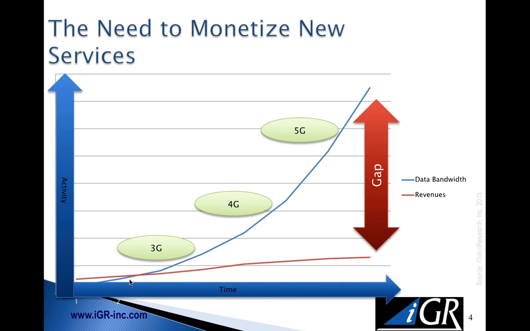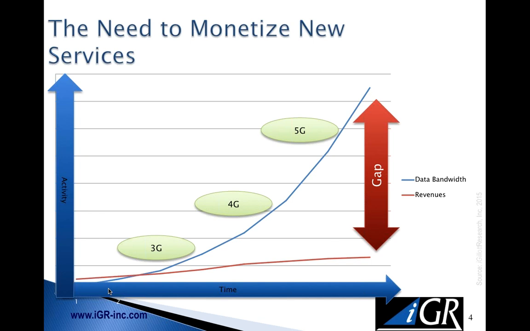So with this kind of evolution, what you end up with is this gap building. Now, when we get to 5G around 2020, some of the things being discussed are increases in bandwidth of 10 times what we have on LTE today, and 10 times as many devices on the networks. So the gap is going to get even bigger.